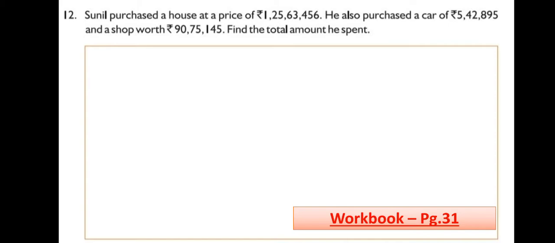So Sunil purchased a house and a car and a shop. Okay, you have to find out the total amount he spent. So write down the values one by one, that is amount of the house, next amount of the car and amount of the shop. Add the three values and find out the total amount that Sunil spent.